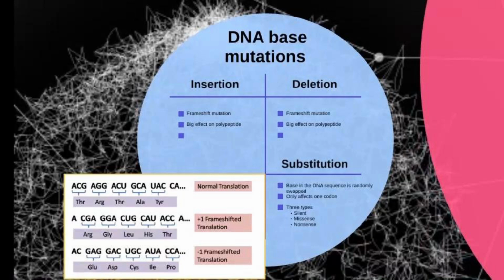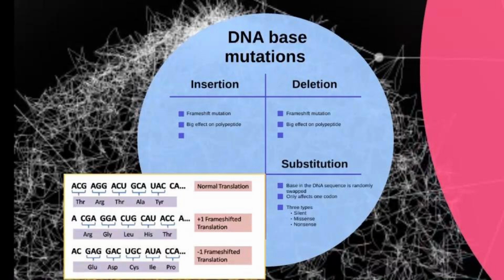So for example, if we had a leucine which is coded for by TTG, if that second T was swapped for a C to now be TCG, that would now code for a serine. So it would have changed that one amino acid from a leucine into a serine.